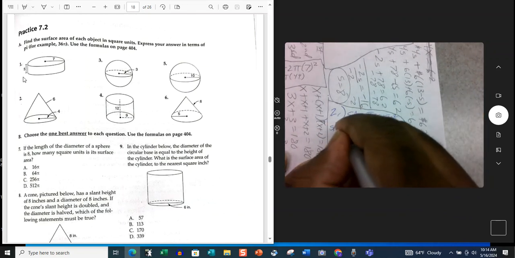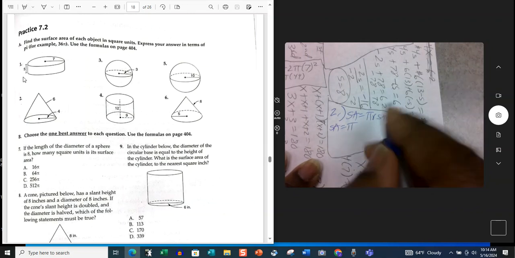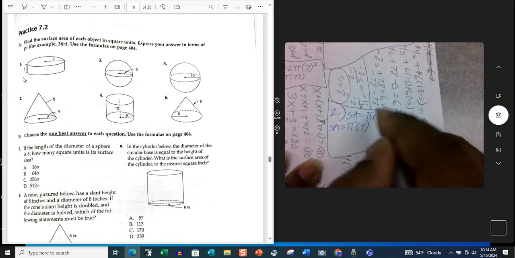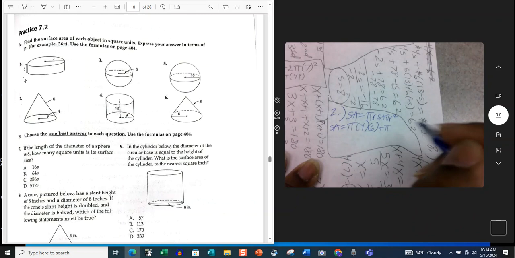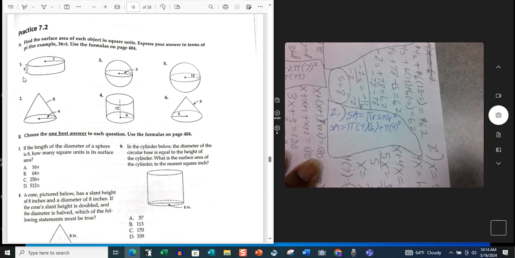So now we have the surface area is equal to pi. Now we add a radius, which is 4, and then we add a slant height of 6, plus pi, and then the radius is 4, and that's squared.